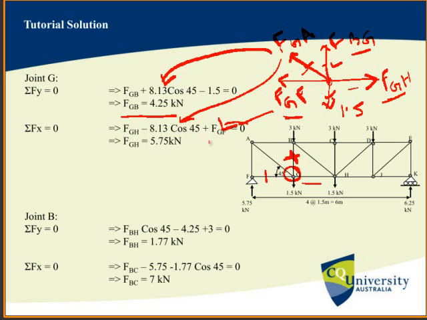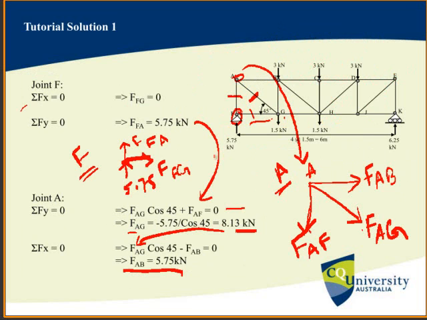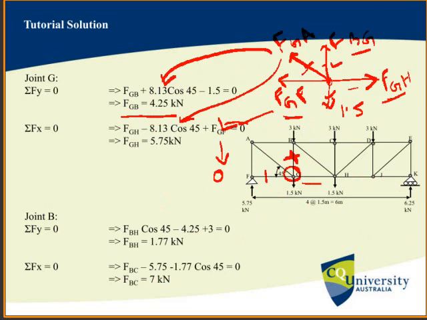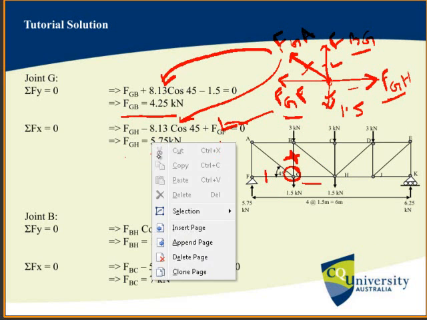Just put the values. We already know the FGF value is equal to 0 from our first equation. Just put this value and calculate this equation for the force of member GH, and the member force is 5.75.